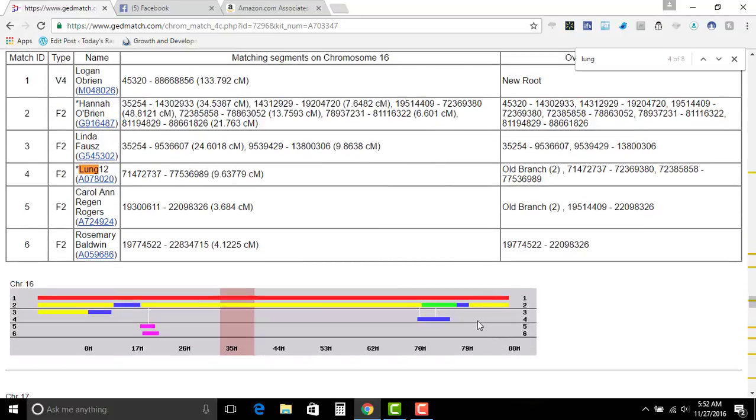Now we know that, okay, this is a pretty good one right here. On this page, my aunt, who is number 2, and Long, who is number 4, have nobody else that matches here. But if you look over here, you have my aunt, who matches number 5 and number 6, because they overlap.